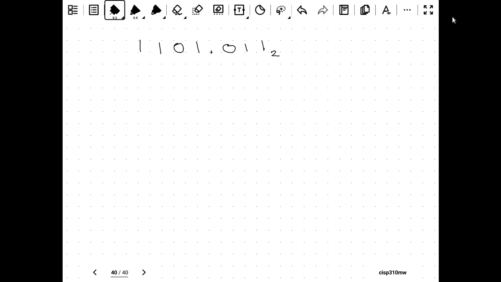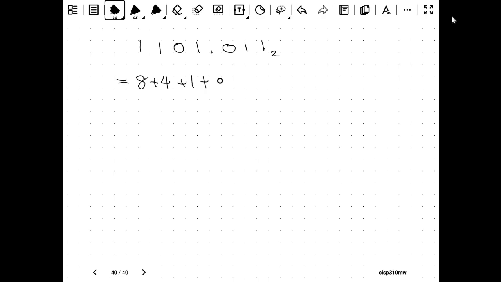So the value being represented here: if this is 2 to the power of 0, this would be 2 to the power of 1, 2 to the power of 2, 2 to the power of 3. So we have an 8 plus a 4 plus a 1. What happens to the digits to the right-hand side of the point? Negative powers of the base. This is representing 2 to the power of negative 1, 2 to the power of negative 2, 2 to the power of negative 3.